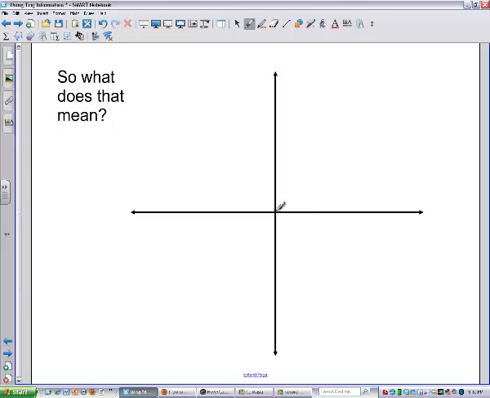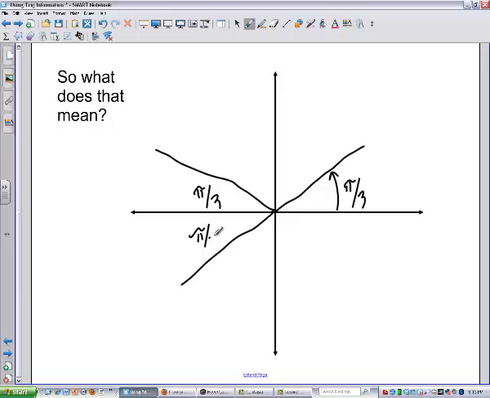It means that if I have a pi over 3 angle right here, it's the same as a pi over 3 angle over here. And that's the same as a pi over 3 angle down here, and the same as the pi over 3 angle down here. This first quadrant just represents a pi over 3 angle.